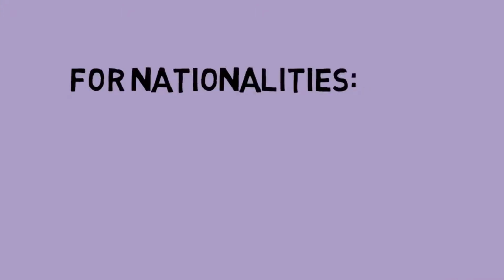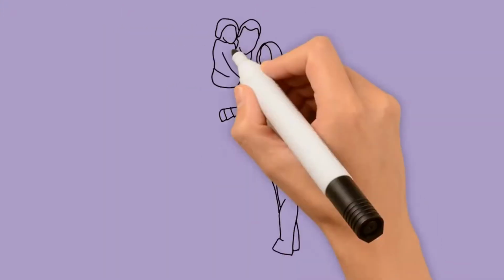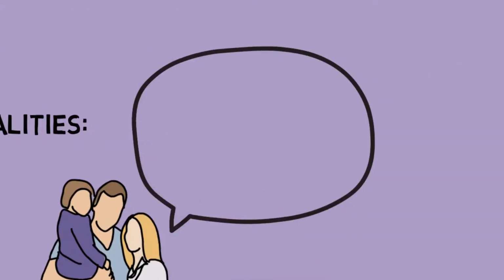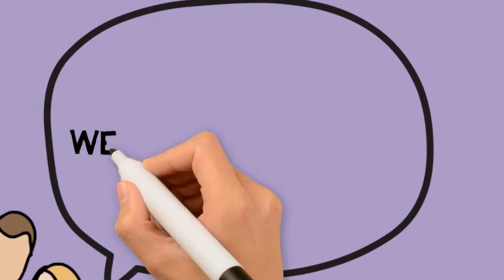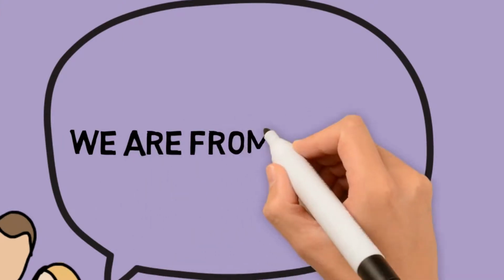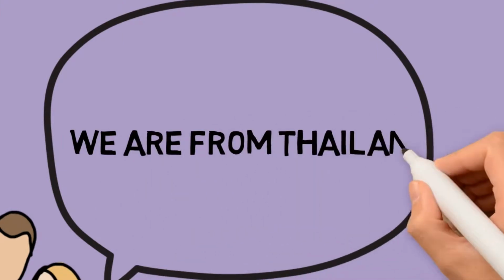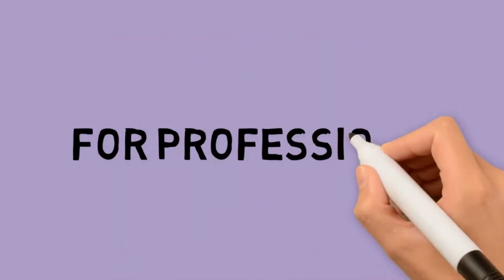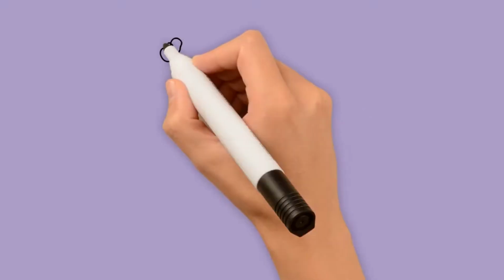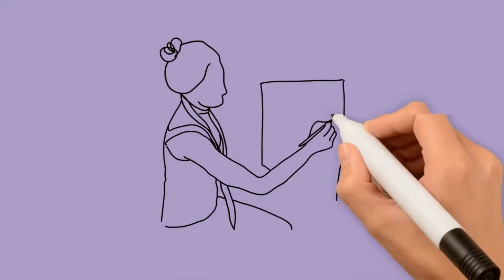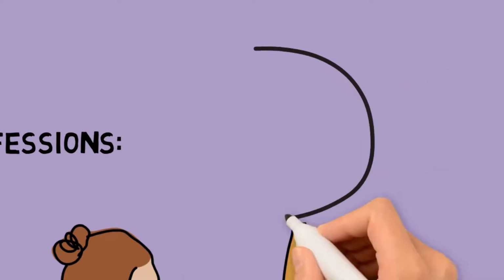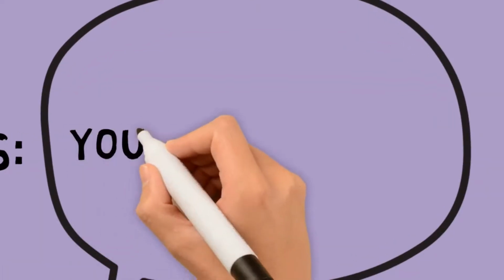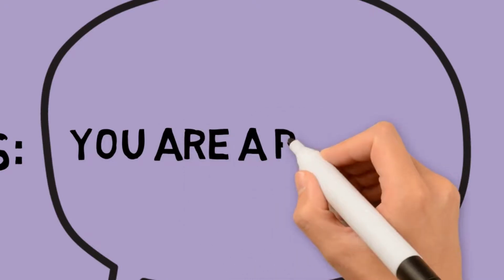And also for nationalities, the example is we are from Thailand. The reason is we use are because the subject is plural. And also for profession, the example is you are a painter. Because you is plural, so we use are too.